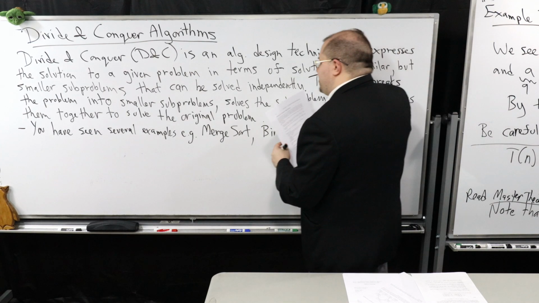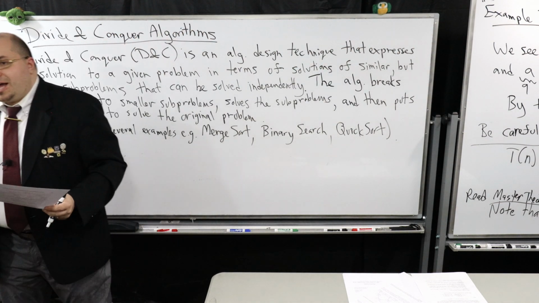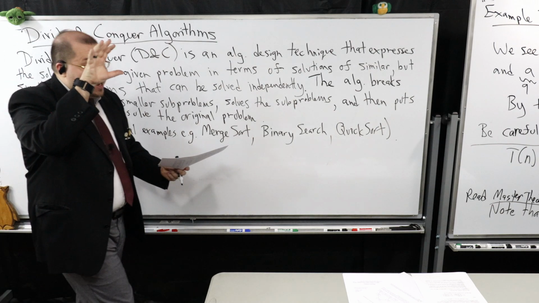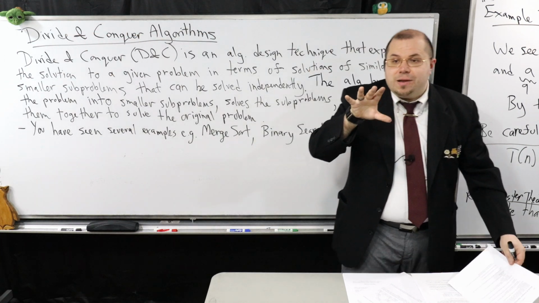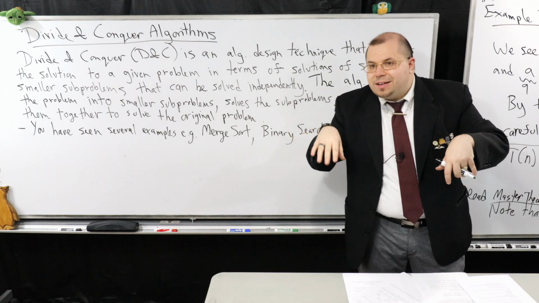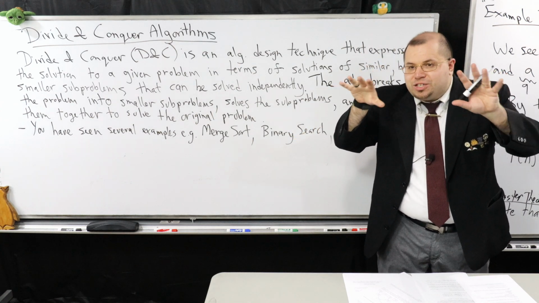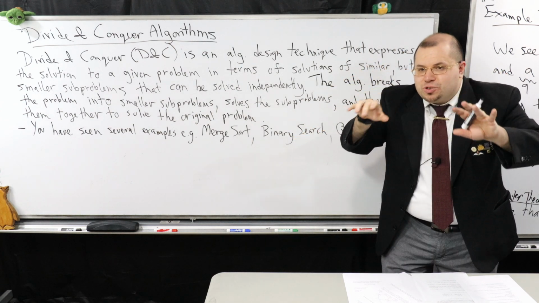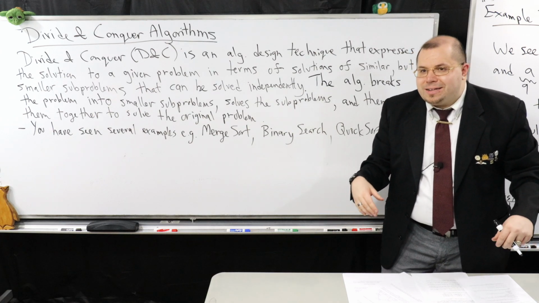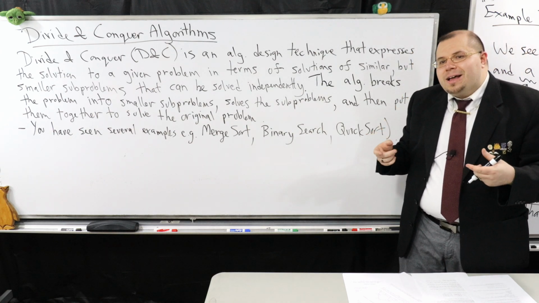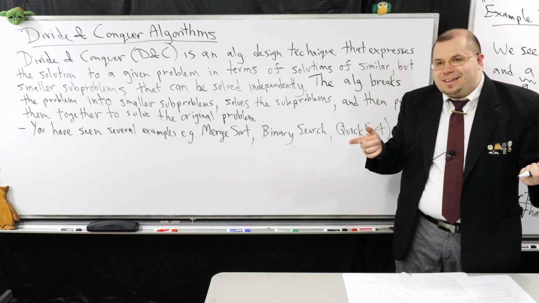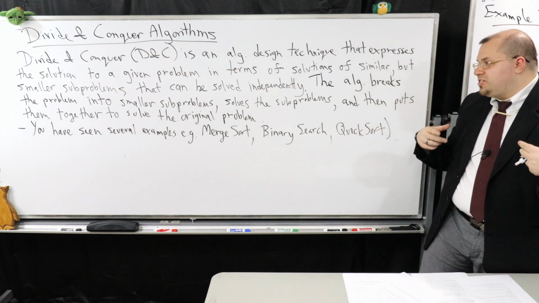In merge sort, you take the problem, in this case your input array that you want to sort, and subdivide it into roughly two halves. You keep doing this all the way down until you end up with a subarray of length 1 or 0, and by definition each one of those is sorted.